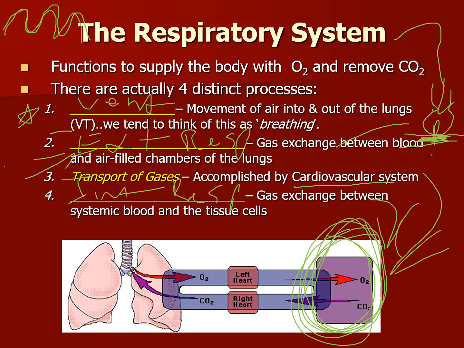Think mentally. You order something online. That's great. But does it mean anything to you until it gets delivered to you? You can't use it until it's delivered to your house, right? And so that's what we have going on here. That delivery is done by the heart, that cardiovascular system.